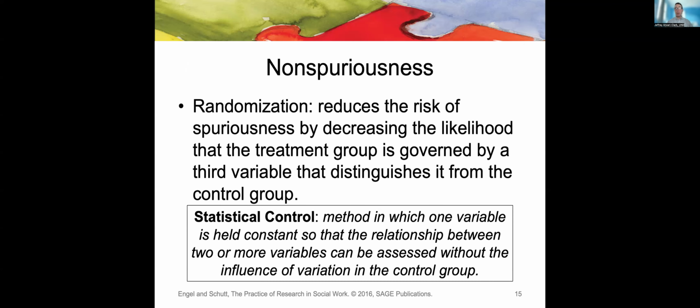Then you've got that non-spuriousness. And so when we talked about a spurious relationship, this is where you've got two variables and you're claiming a relationship, but the impact is actually caused by a third component. So just running and training for a marathon, that may not actually be what is causing a person to have lower desire to use substances.